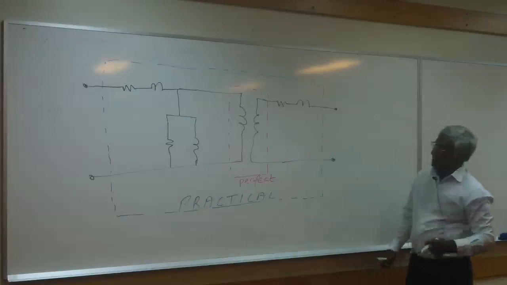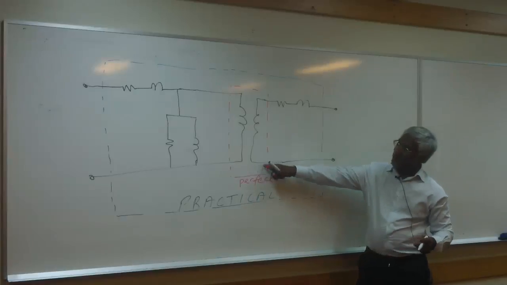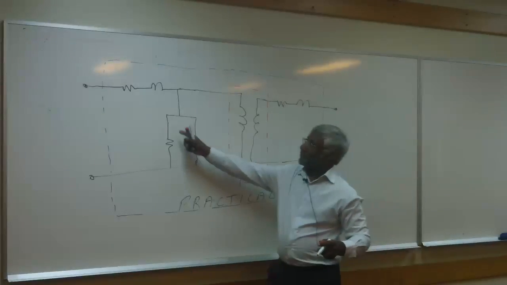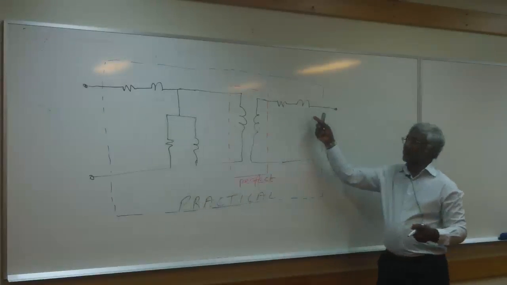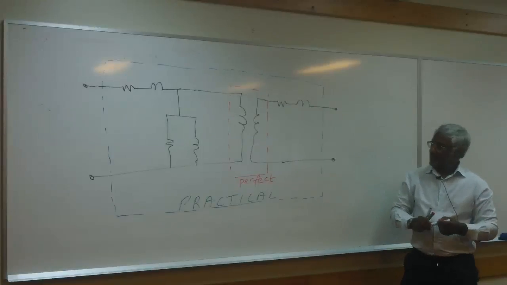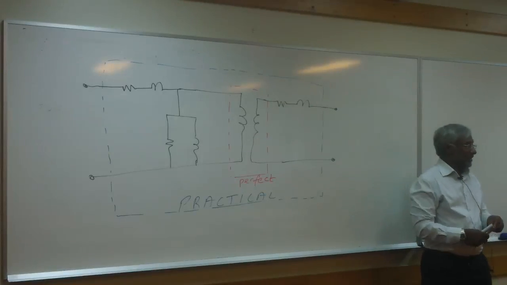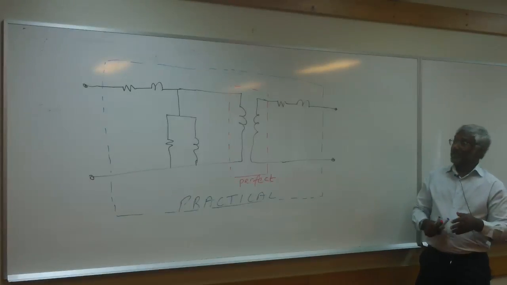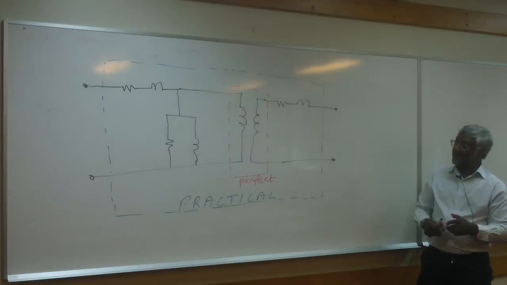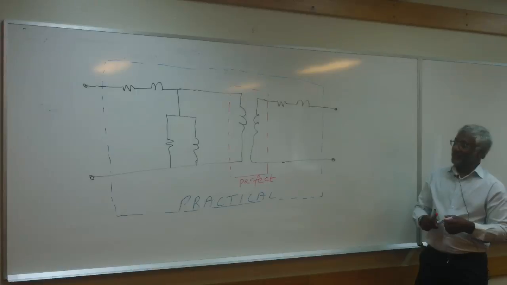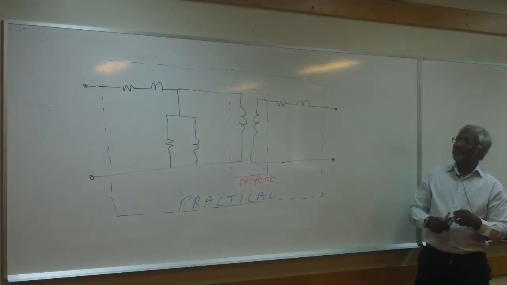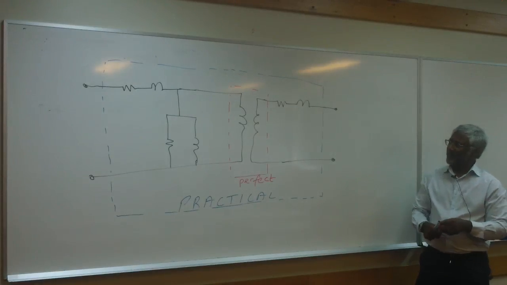So you can see that practical equals perfect, plus all of those things are imperfections. So that's the first step in the development of the theory of the transformer. It's using this idea that practical is equal to perfect plus imperfections.